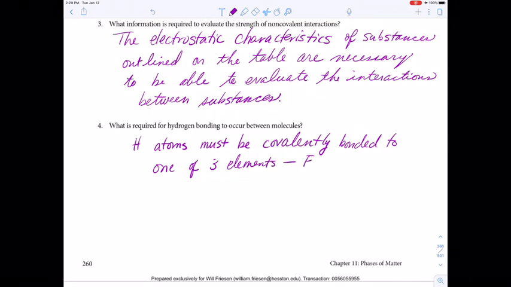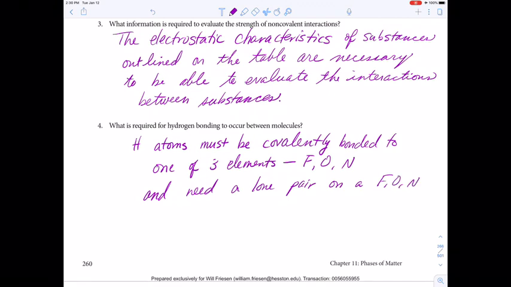So it needs to be a fluorine, oxygen, or nitrogen, and we need a lone pair on a fluorine, oxygen, or nitrogen.